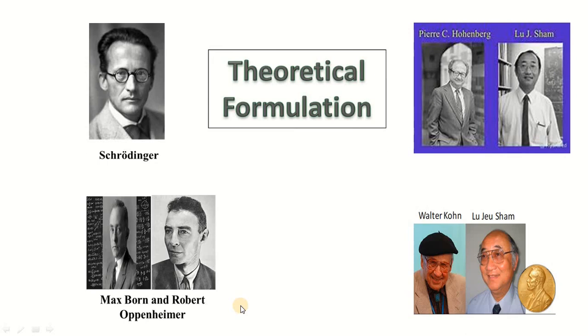Then the total Hamiltonian becomes equal to the kinetic energy of the electrons plus the Coulombic interaction between the electrons plus the Coulombic interaction between the nucleus and the electrons. So the kinetic energy of the nuclei is zero in this case.